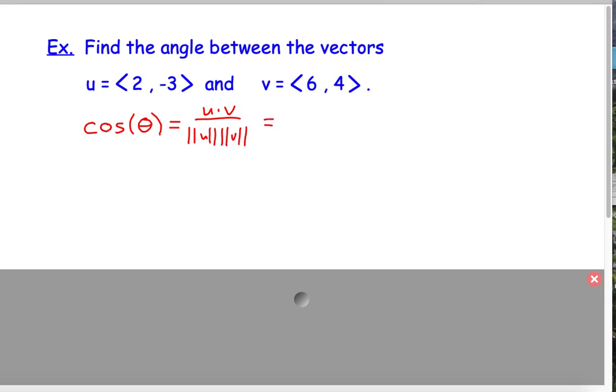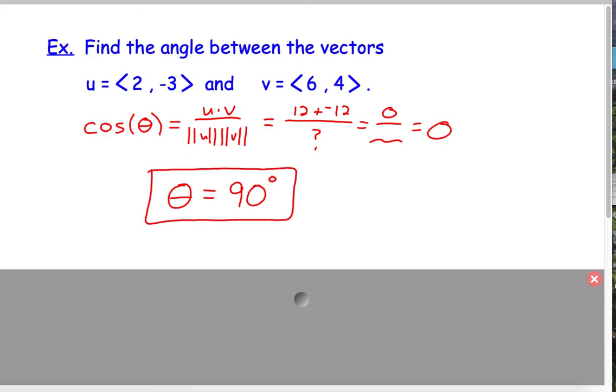So the dot product is going to be 12 plus negative 3 times 4 is negative 12, which is 0, divided by, who cares? I know I've got 0 over something, which is 0, and the cosine equals 0 when the angle is 90 degrees. So the angle between them is 90.